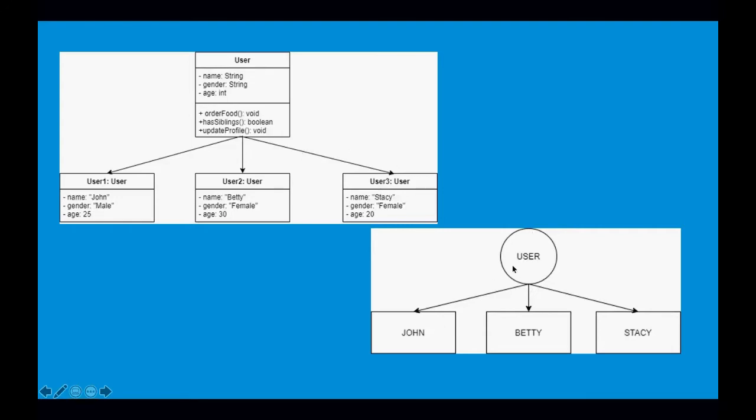So user is the class, and it has three objects: John, Betty, Stacy. Basically like something you give birth to. So from this class, we created three objects based on these specifications. These objects will also have name, gender, and age, and will also have these three methods in them.